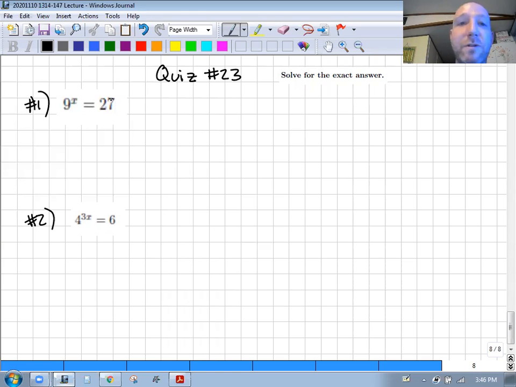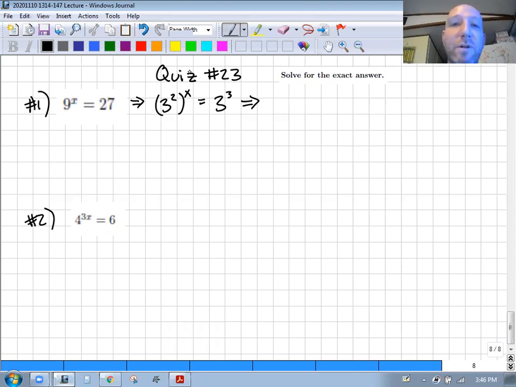Or what we can do is try to rewrite this and this as the same base. I recognize 27 here as a power of 3, right? 9 here is 3 squared, right? And 27 is 3 times 3 times 3. It's 3 cubed.